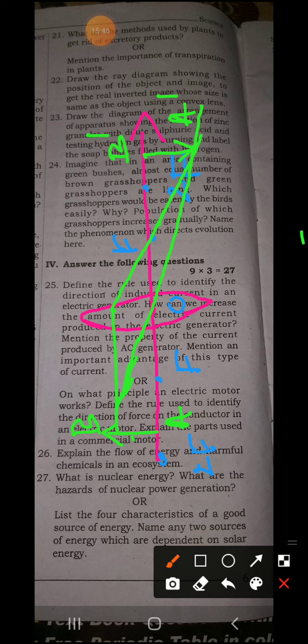Got it? So this is the exact diagram for 2 marks.